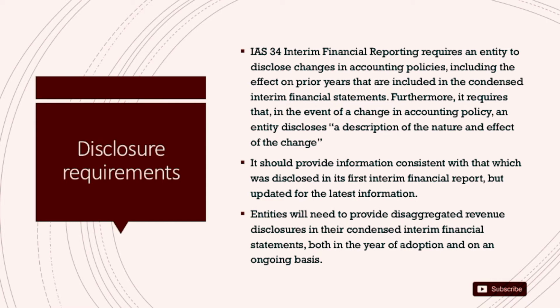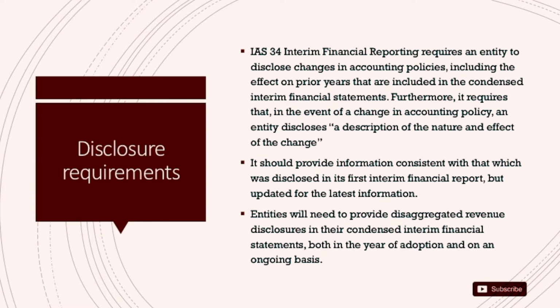Which means that the consistent information should be provided, and the figures should use the latest. The only change we can make is updating information. If you want to update any information, yes, but the disclosures presented should be consistent with the first interim period that you have disclosed in respect of the changes in the accounting policy.